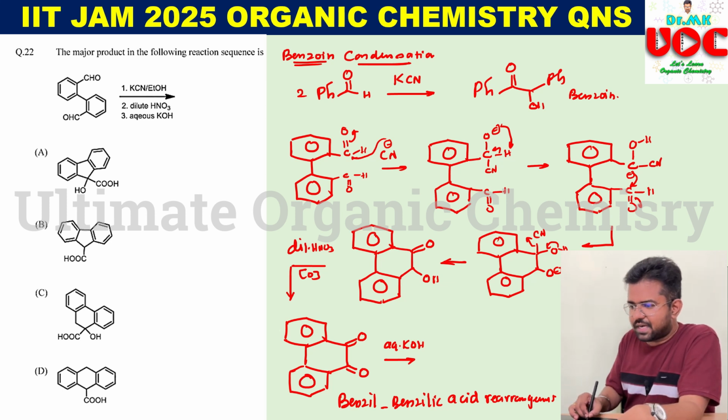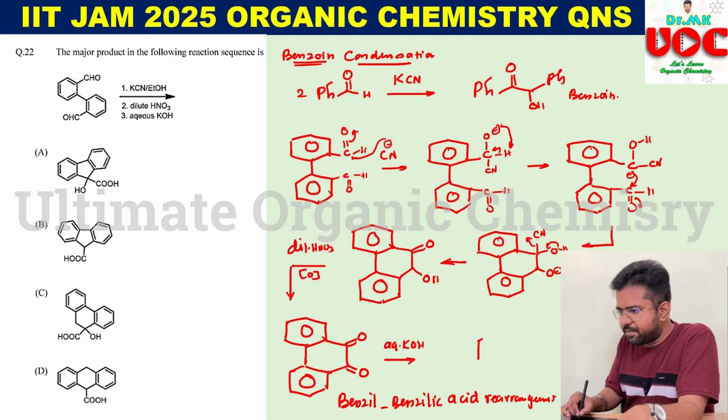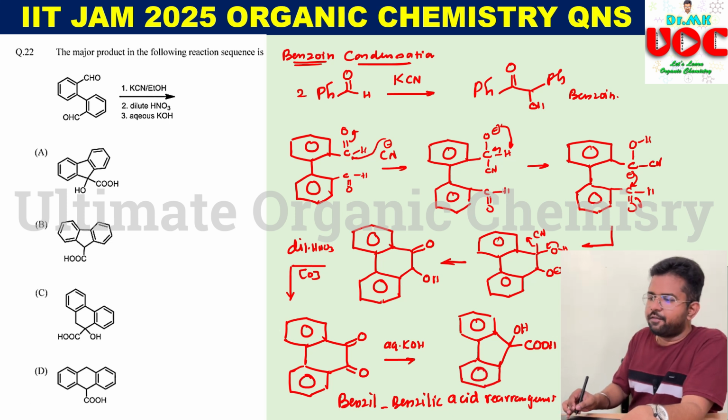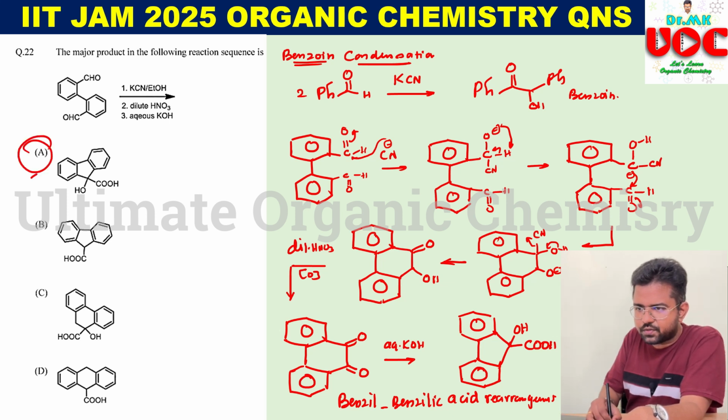And if you apply this reaction here, you are going to get a cyclic compound. There is a 5-membered ring which is having a carboxylic acid, that is a cyclopentane carboxylic acid derivative. And here you have one OH group. That is mandatory. That's the product. If I look at the options, I think option A is the right answer to the question.